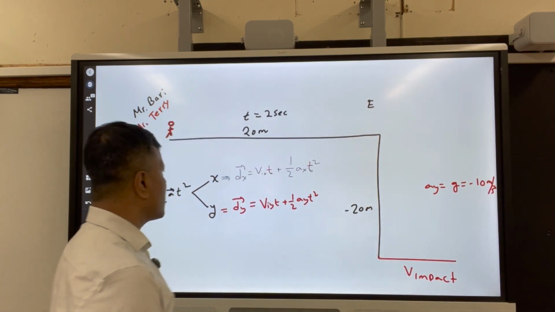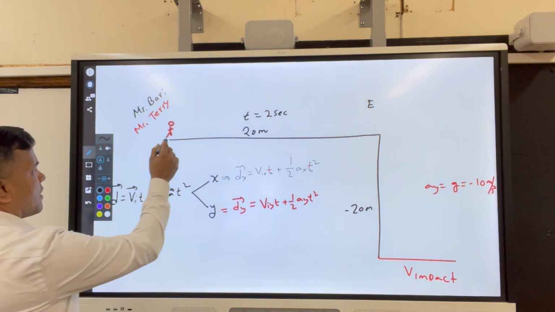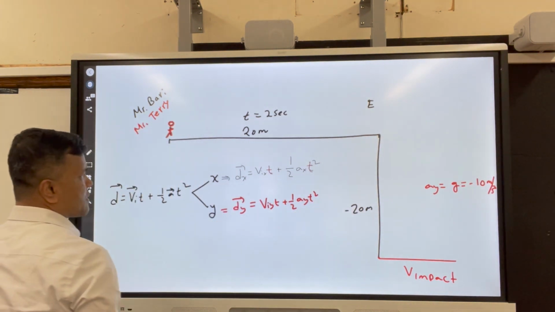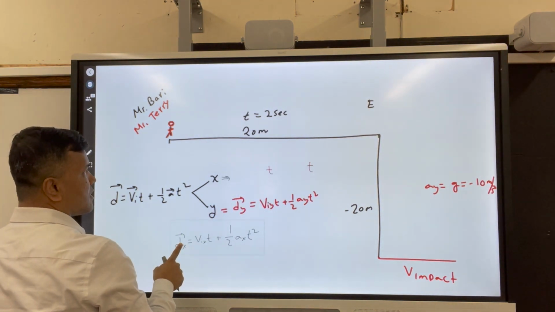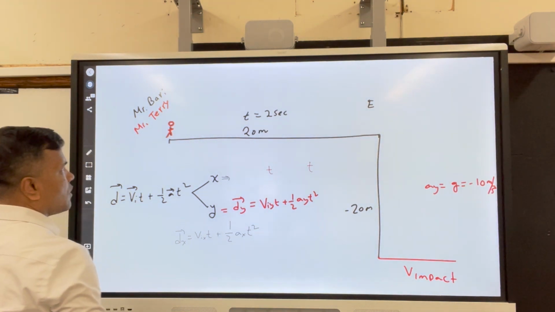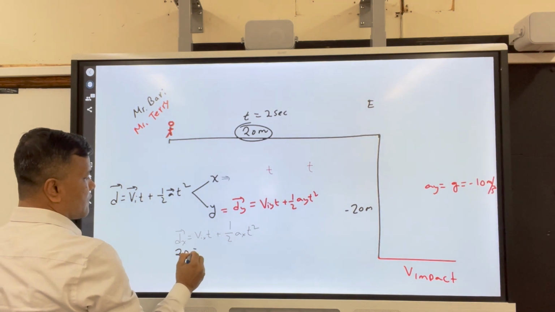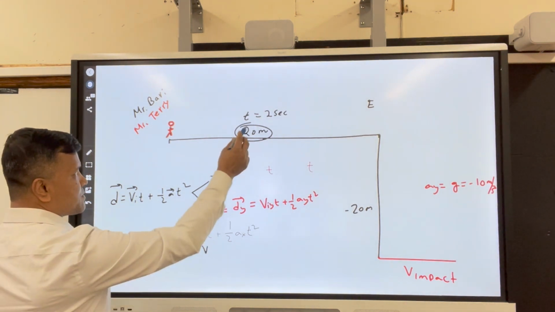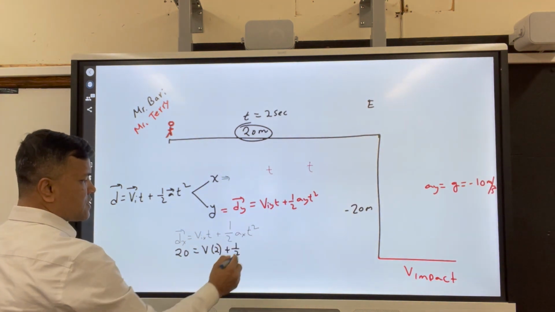Good. Okay, now let's find Mr. Body's velocity from this edge to this edge. So I'm going to use this equation. This equation is going to allow us to find Mr. Body's velocity. Mr. Body moved 20 meters, so I'm going to replace this one by 20. Mr. Body's velocity, that's what we are trying to find. Mr. Body spends 2 seconds, plus half ax, which is 0.